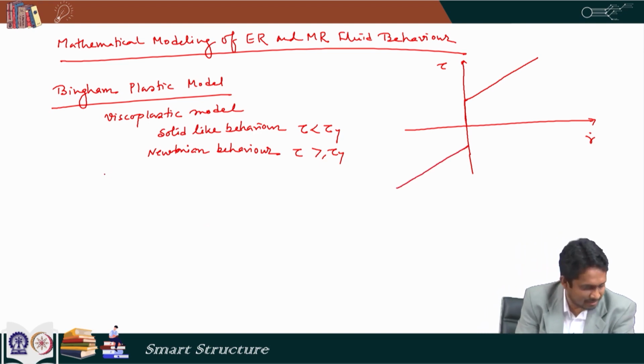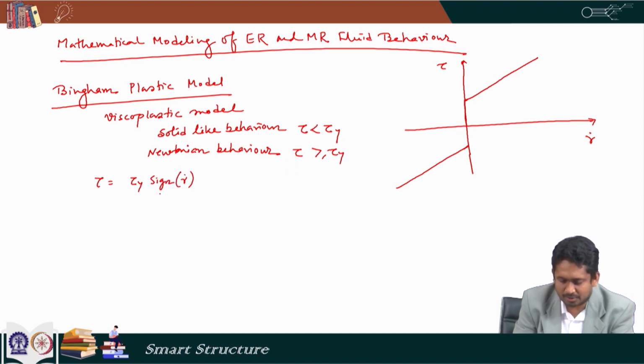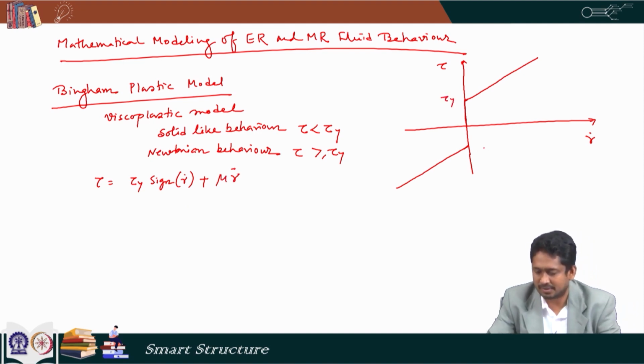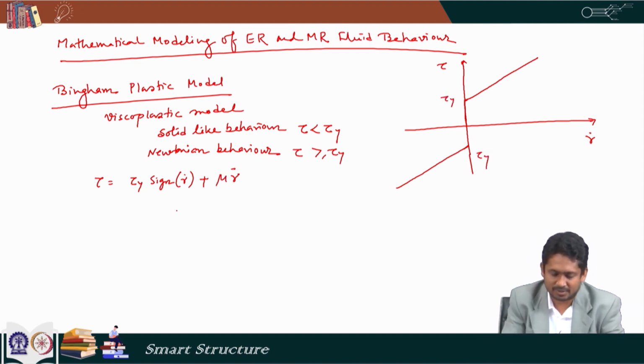If I want to write it mathematically, it looks like this: tau y sign of gamma dot plus mu into gamma dot. Tau y is this tau y. Sign of gamma dot means if the gamma dot is positive, we are here. If the gamma dot is negative, we are on this side, plus mu into gamma dot.